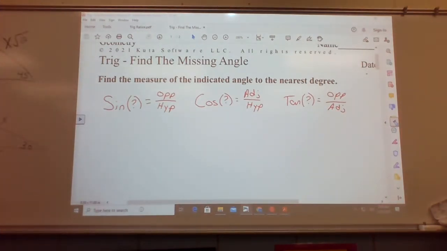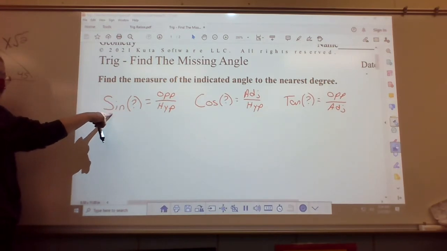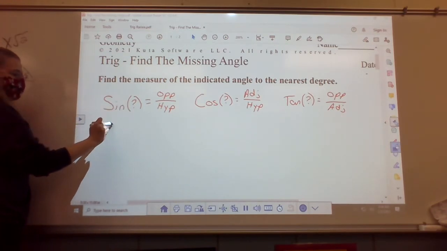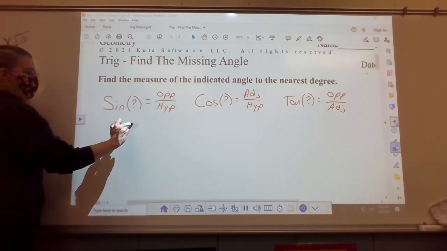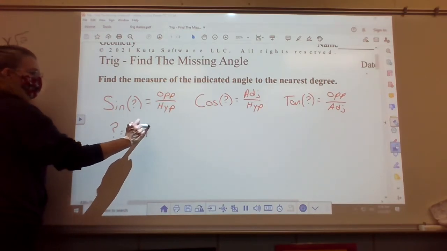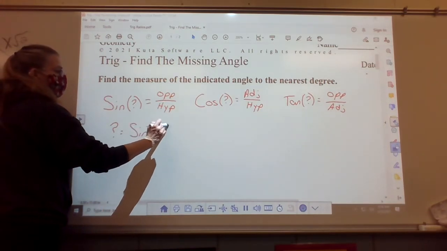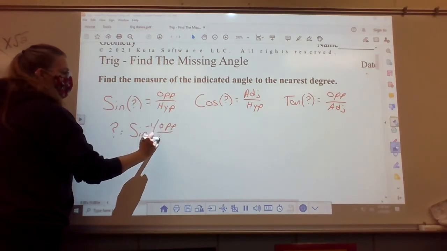Now, we're trying to solve for the degree. We're trying to solve for the question mark. So as in any algebra thing, everything has an opposite relationship. When we had a square, we could square root to get the opposite. When we have a multiply, we could divide to get the opposite. So to solve for the question mark, we have to do the opposite of sine. And the opposite of sine is just the inverse sine. So the question mark is going to be, to show the inverse sine, sine with a little -1, opposite over hypotenuse.